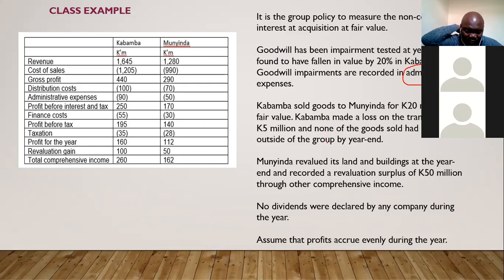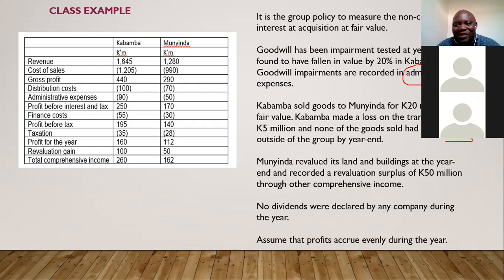Karamba sold goods to Munyinda for 20 million at fair value. Karamba made a loss on the transaction of 5 million, and none of the goods sold had been sold outside of the group by year end. So we have a loss here.